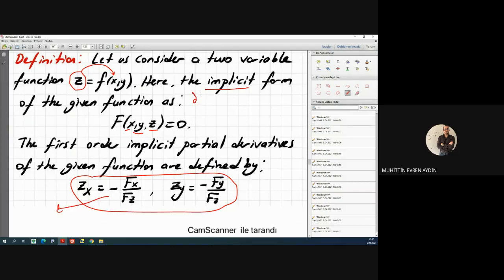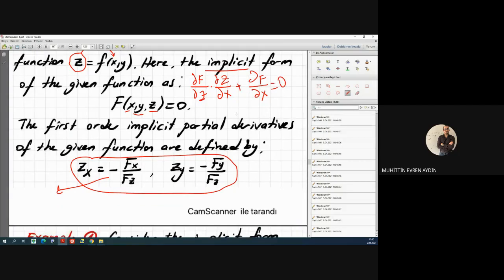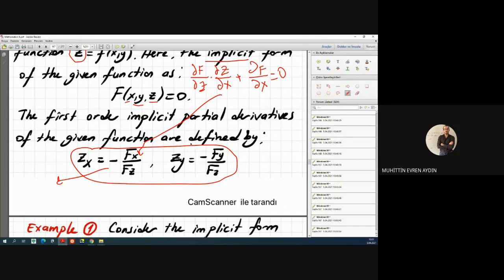We write the derivative of f with respect to z and multiply z of x plus the derivative of f with respect to x equal to 0. Then we obtain this equality from this equality. And symmetrically, we may obtain this by using chain formula.